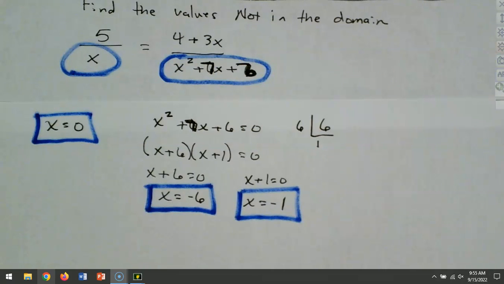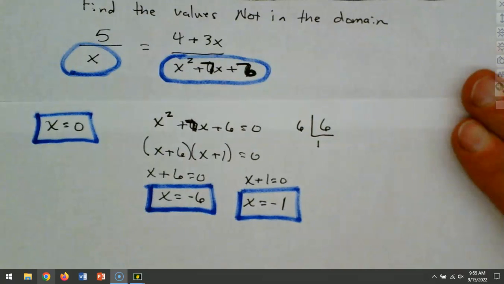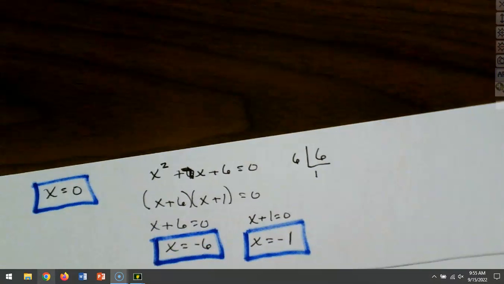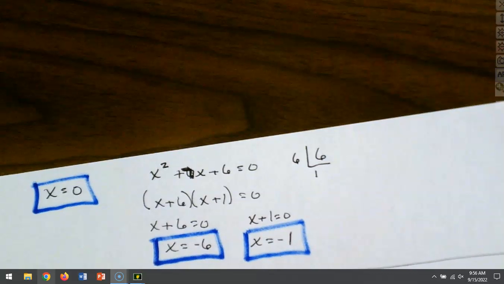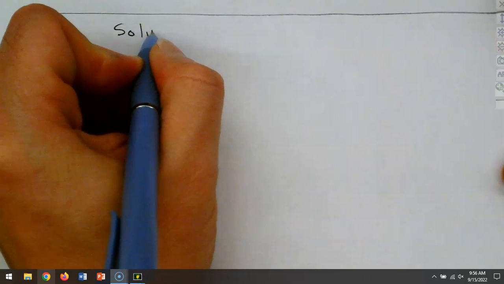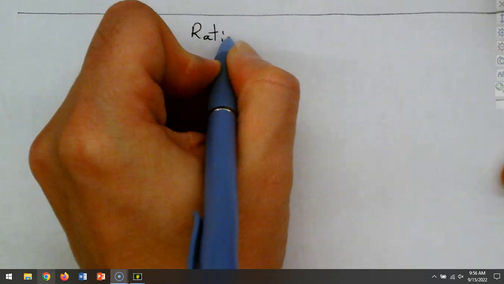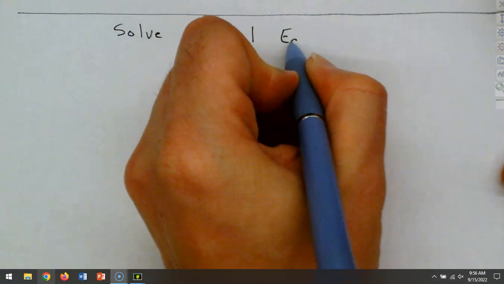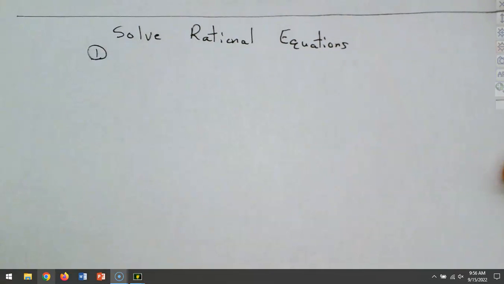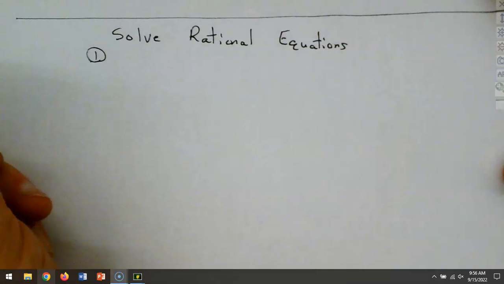So now we're going to learn how to solve these rational equations. And these have a step-by-step procedure that we're going to follow. So to solve rational equations, step number 1 is find the numbers not in the domain.